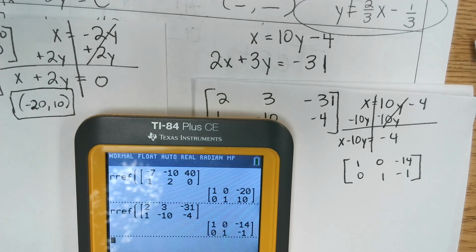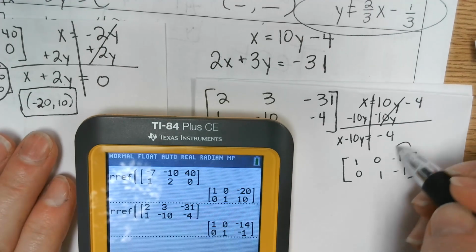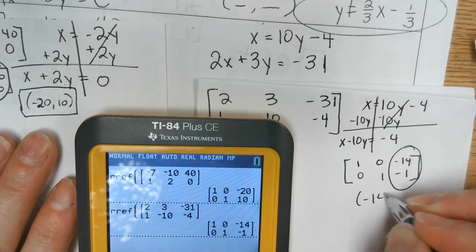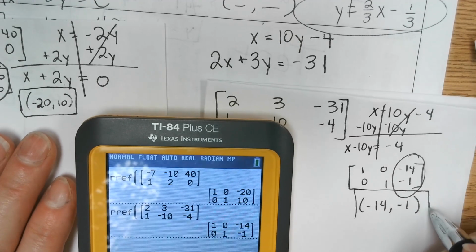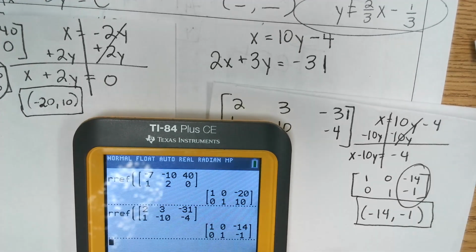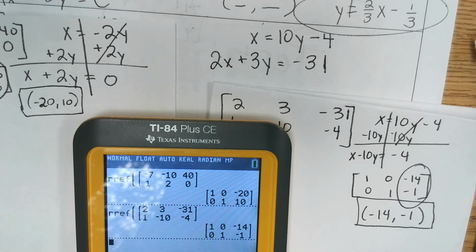Did you get the same thing as me? Okay, so this is our solution. So we did both problems now. Your assignment is to do a Delta Math assignment of 14 problems.